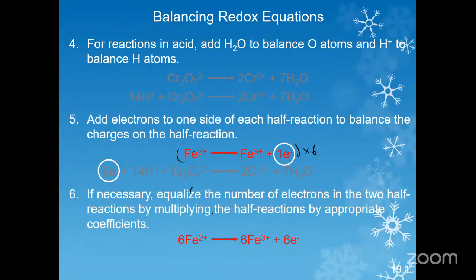Okay, so after you do that, then you're going to add the two equations together. So now we're going to add this equation to this equation right here, right? And whenever you add two equations together, you need to cancel out items that are common on both sides, which in this case would be the 6 electrons that are produced and the 6 electrons that are used up.